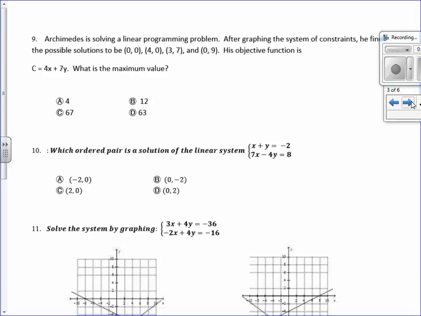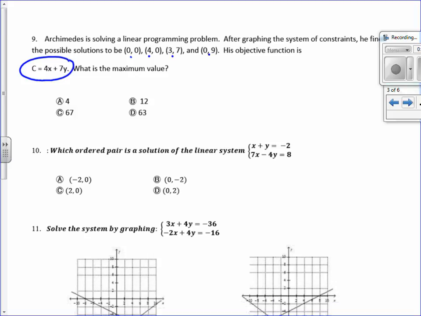Archimedes is solving a linear programming problem. After graphing the system of constraints, he finds the possible solution. So these are all the intersection points. So there are four of them. And so now we want to find the maximum value. So we have to use this. The objective function is really the purpose of the system.